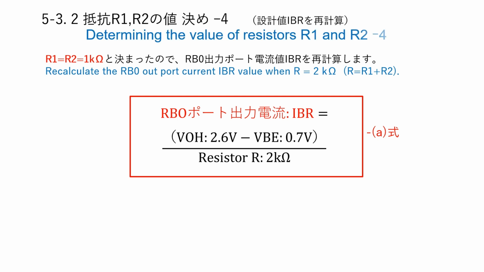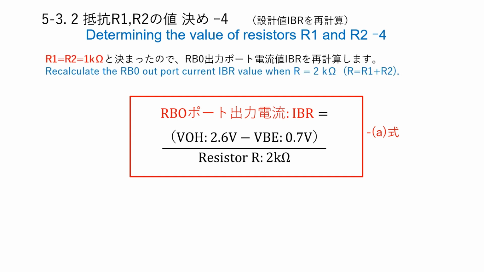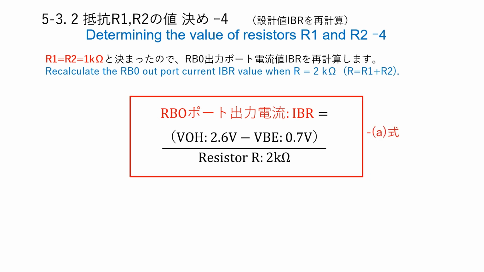5-3.2 Determining the value of resistors R1 and R2-4. Recalculate the RB0 output port current IBR value when R equals 2 kilo ohm, R equals R1 plus R2. Use formula A to calculate the PB0 output port current IBR value of the PIC. Output high voltage VOH 2.6 volt.